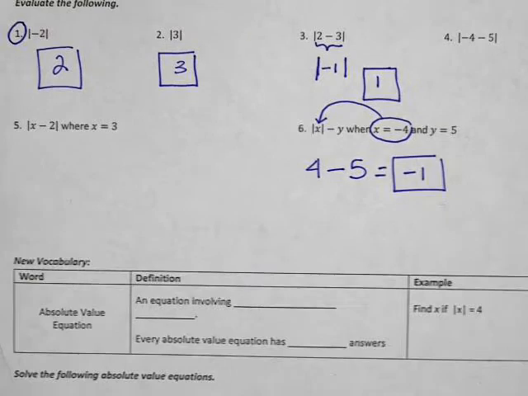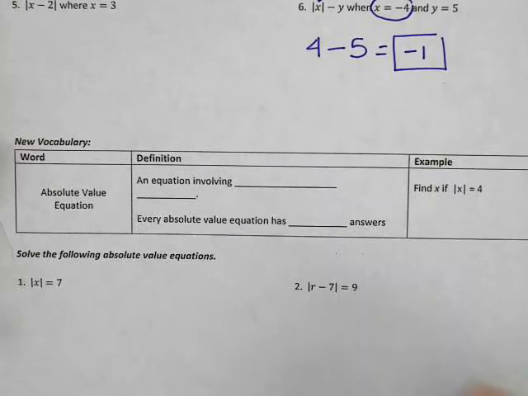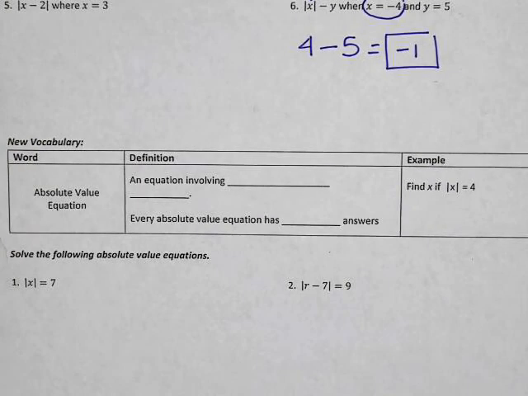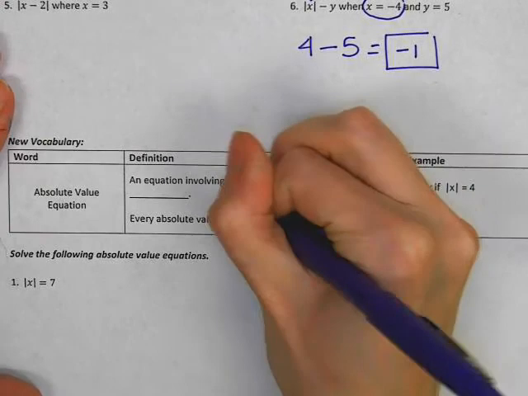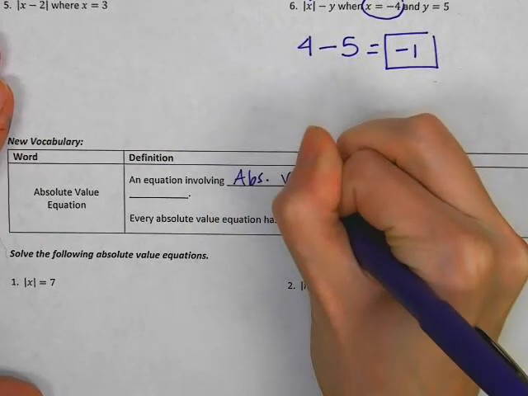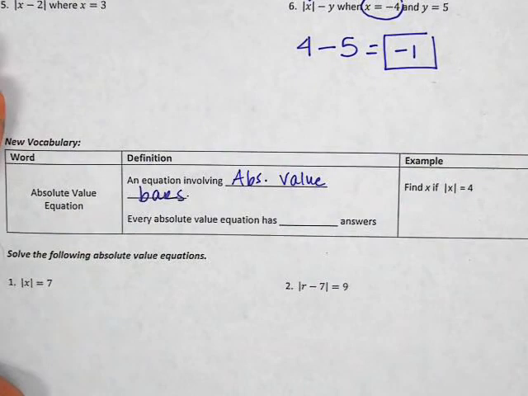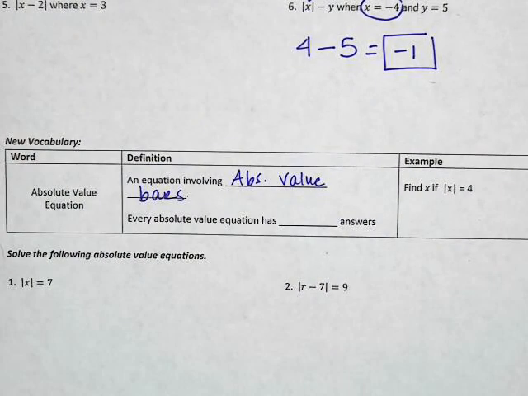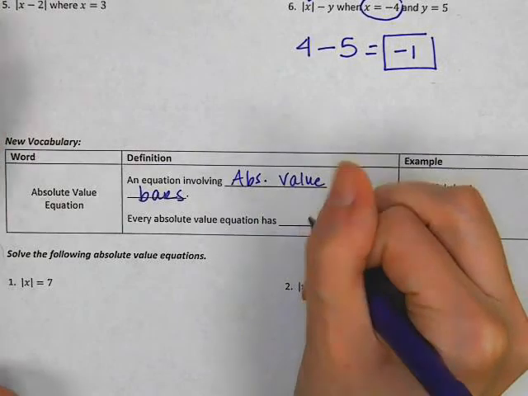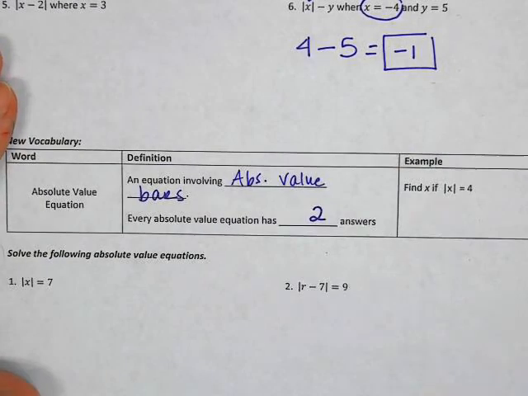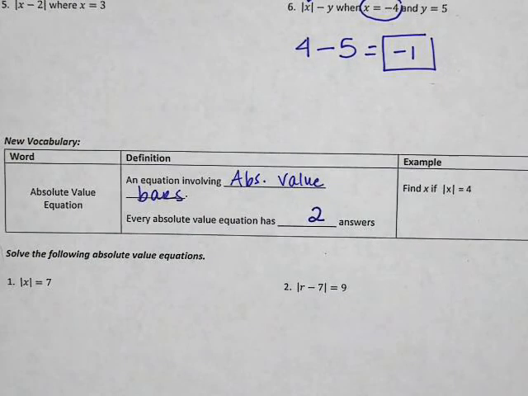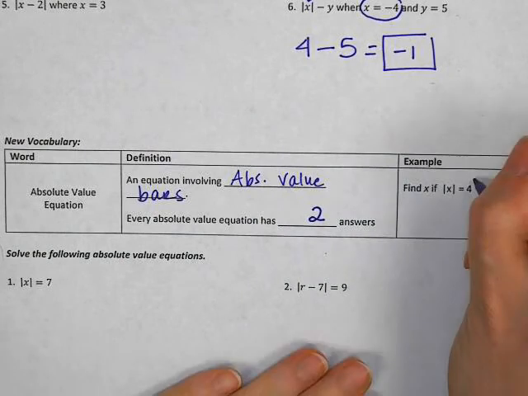Okay, and now we're on to solving absolute value equations. An absolute value equation is an equation involving absolute value bars. Now, every absolute value equation has 2 answers, and let me show you why. When you're solving an equation, this is different.